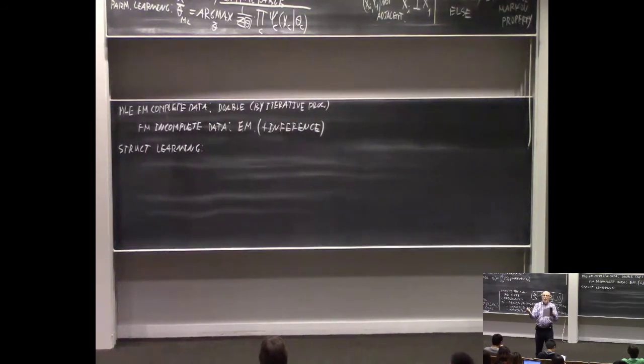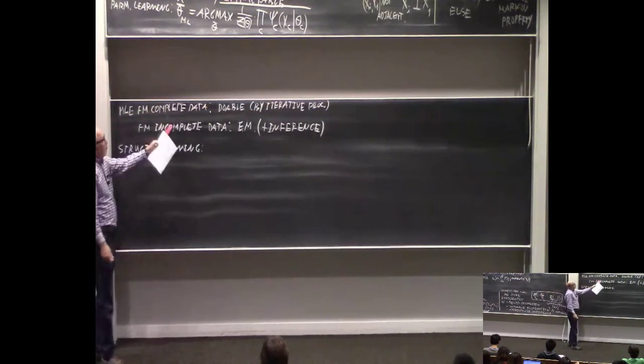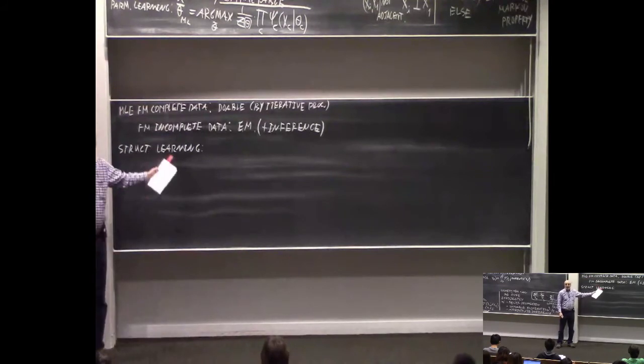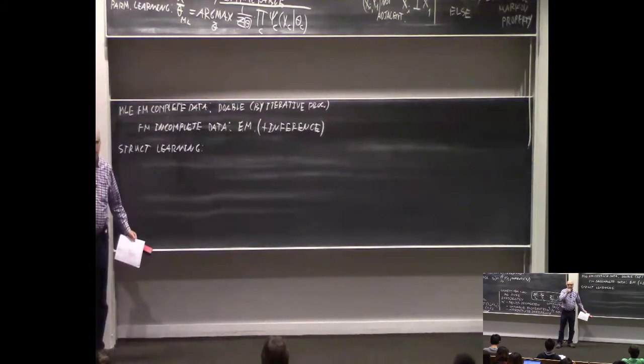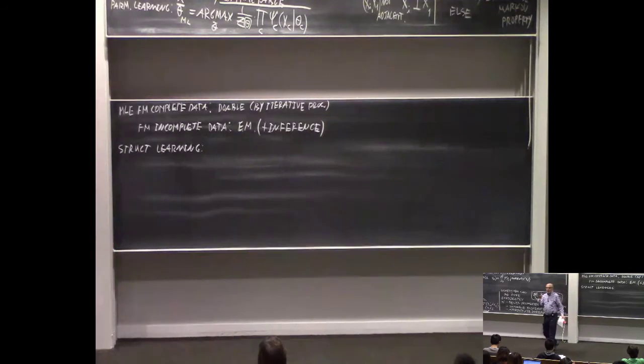That means you need to fully train both models, as in parameter training, and then compare their quality. And to fully train them, you need to do MLE for each one of them, either from complete data or from incomplete data. So structure learning is that much more difficult than parameter learning. Parameter learning is that much more difficult than inference. And inference is sometimes doable and sometimes has to be done inexactly, approximately.